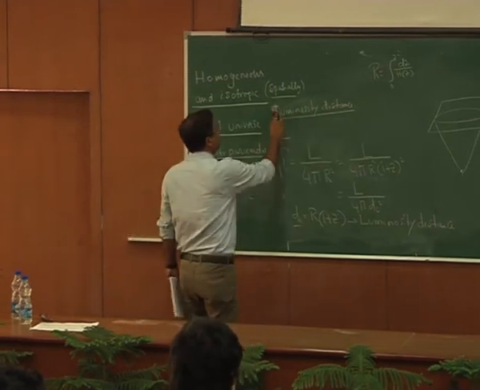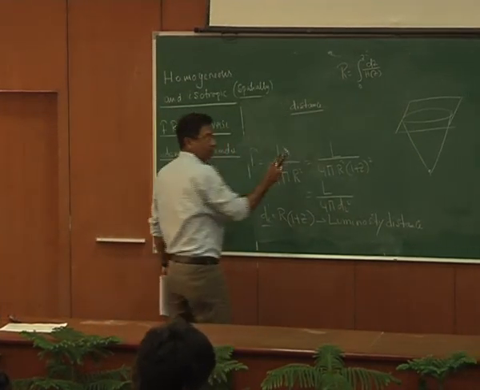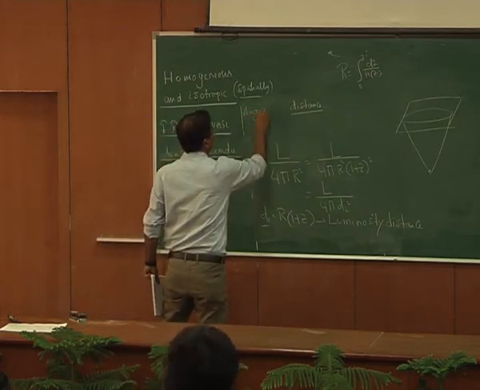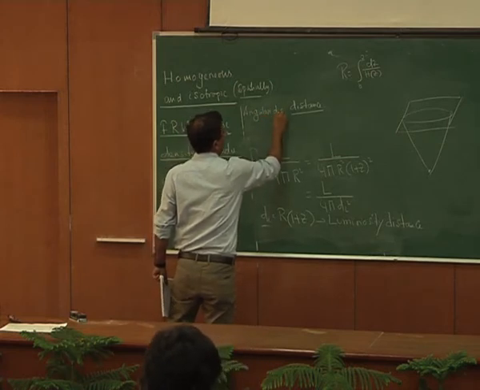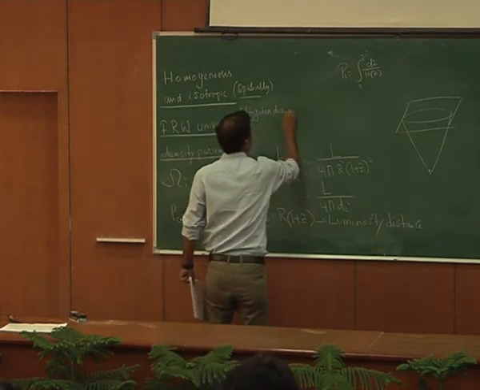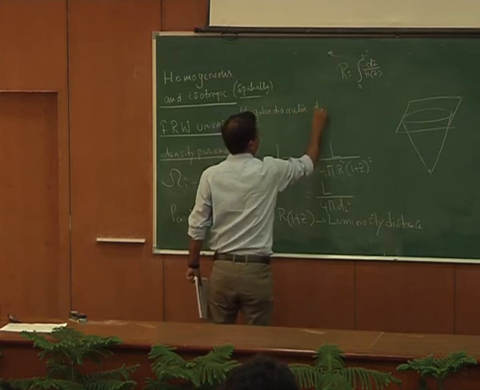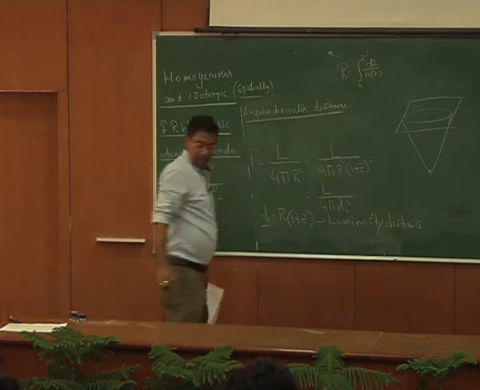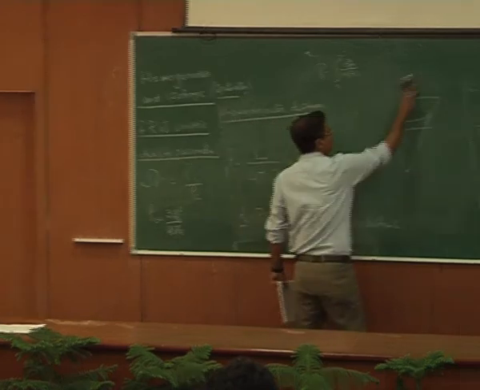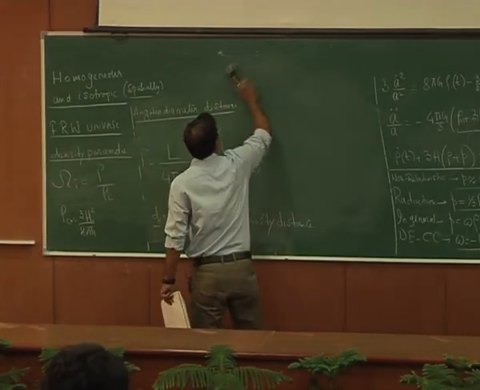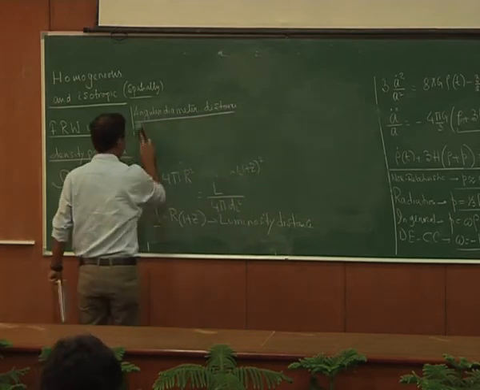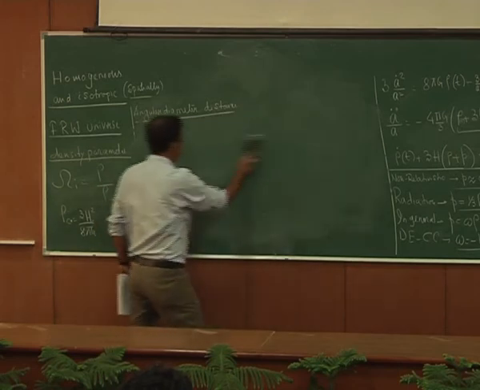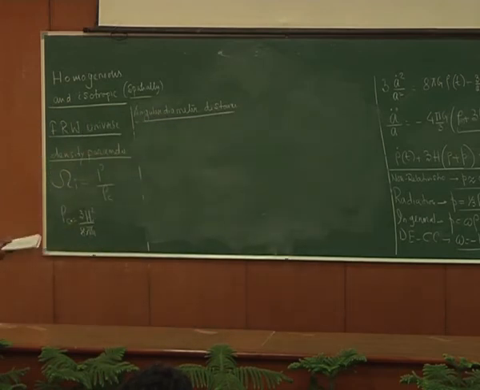There is another distance that Robbie will also use a lot, which is called the angular diameter distance. So this assumes that we have a standard rod in the universe and we measure its angular scale, or what kind of angle it subtends at you.